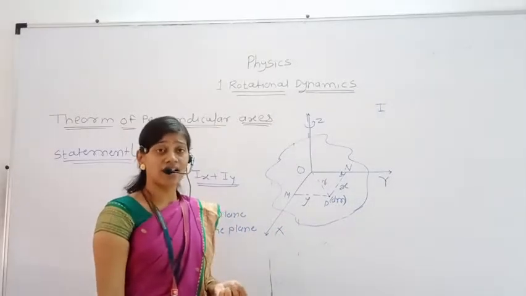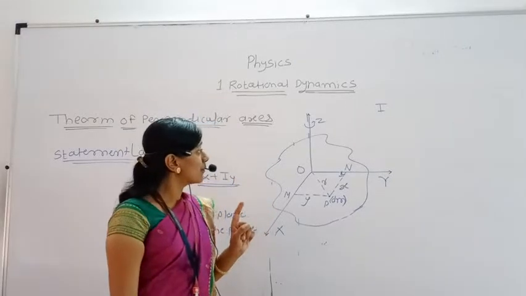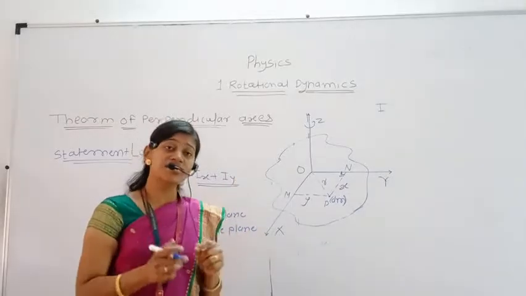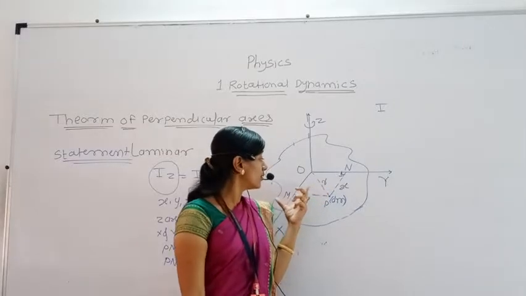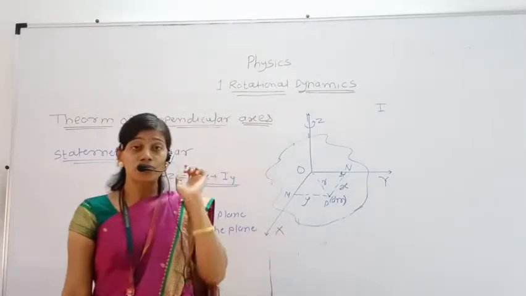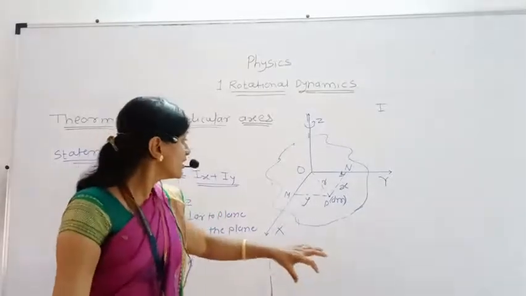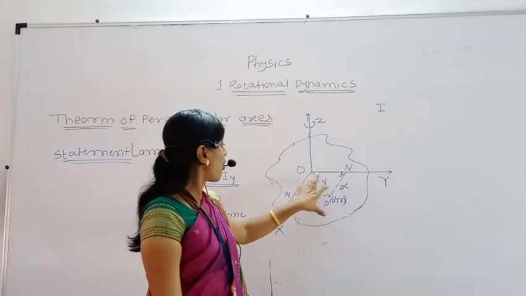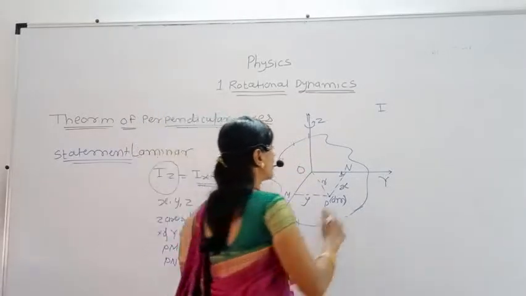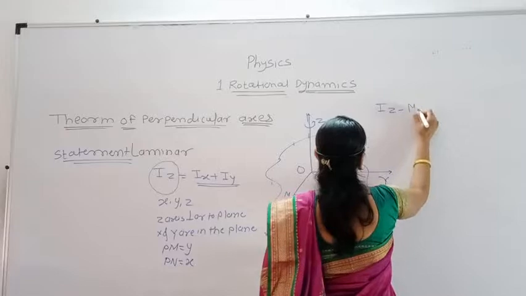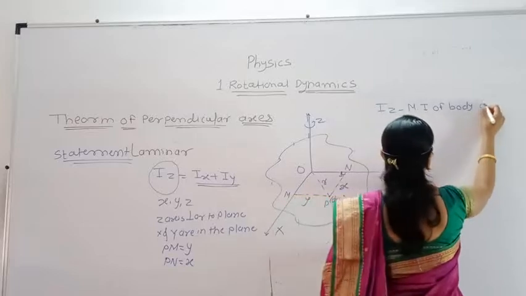Those two axes are present in the plane, and all three axes are concurrent at point O. They are giving the same effect at point O. Now here Iz is the moment of inertia of the body along the z axis.